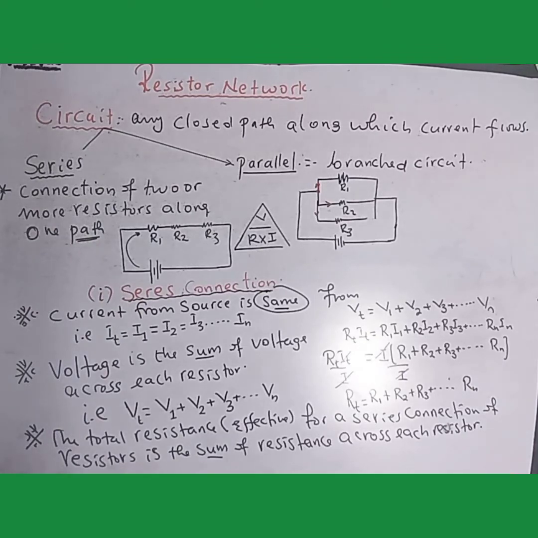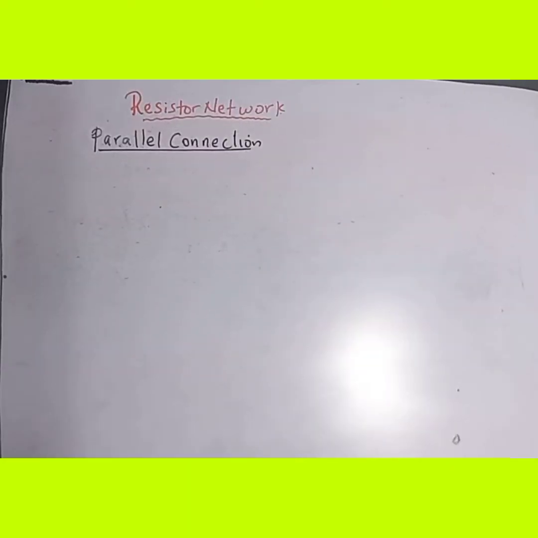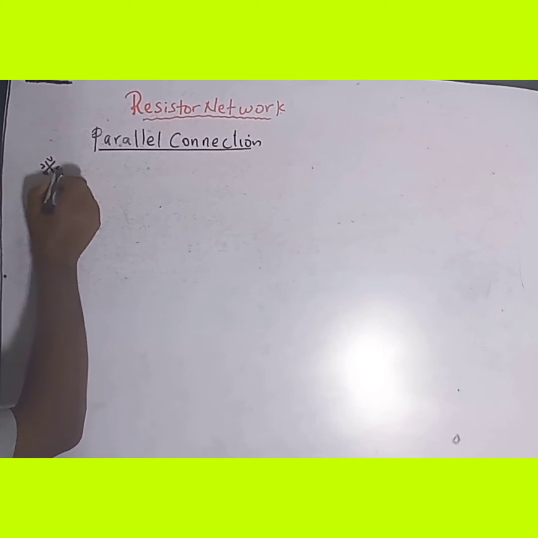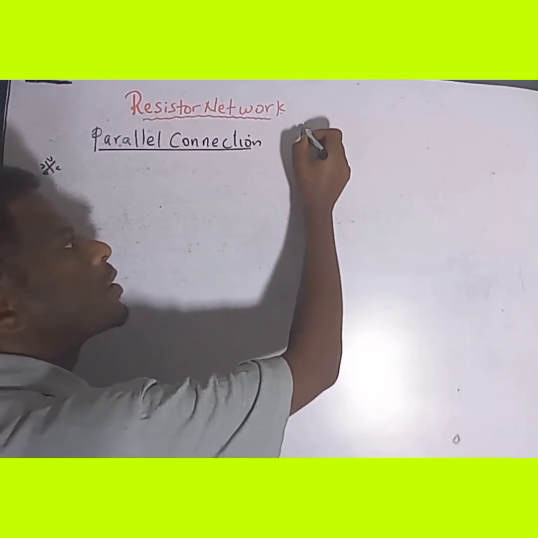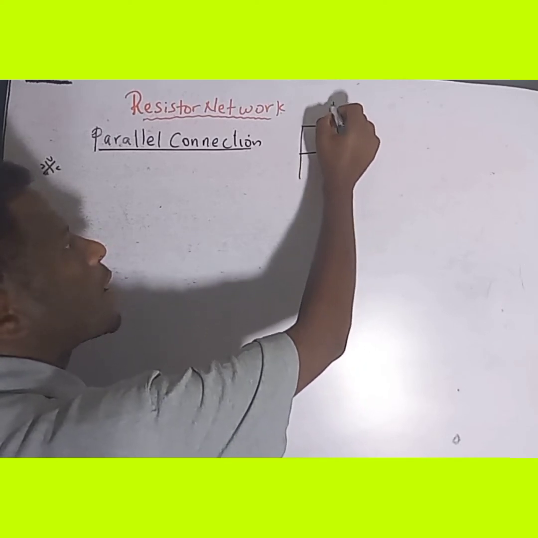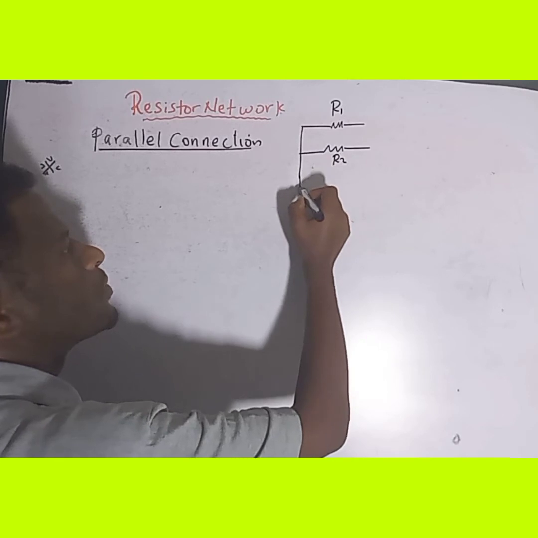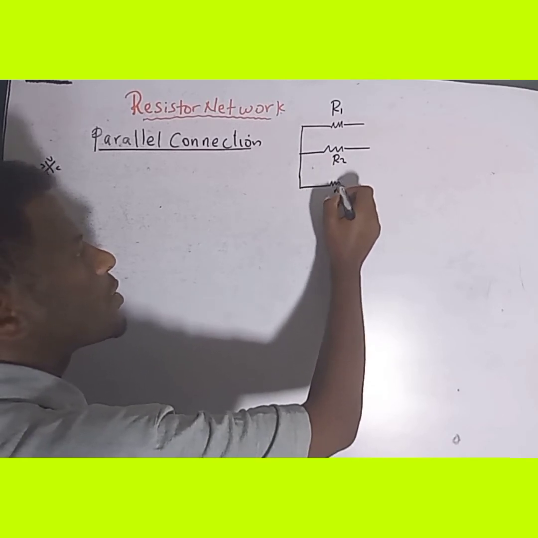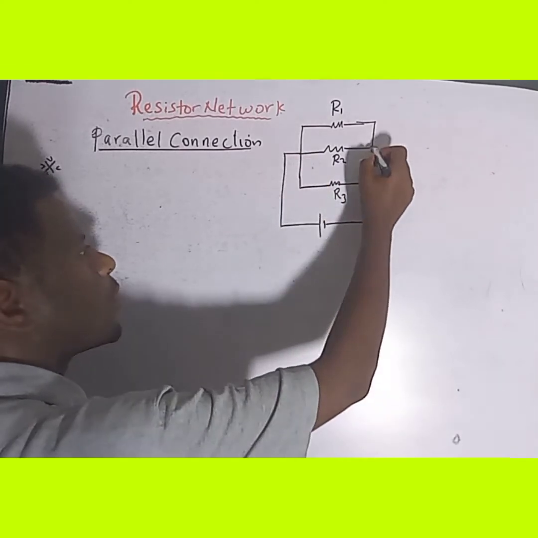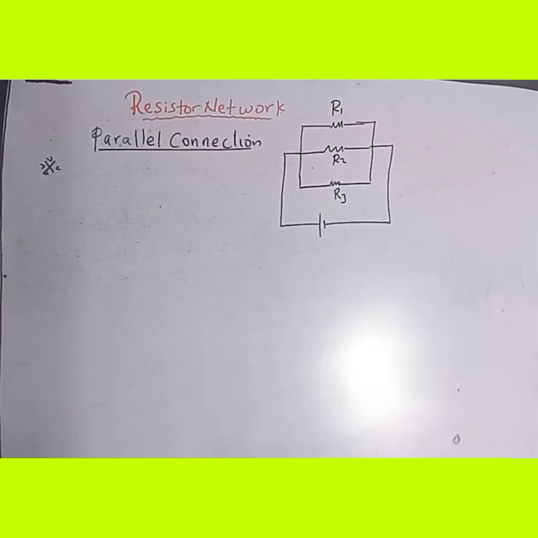Now let's see the second classification of a circuit, which is a parallel connection. For a parallel connection, we have R1, R2, and R3. Then there is a source of potential difference or voltage.